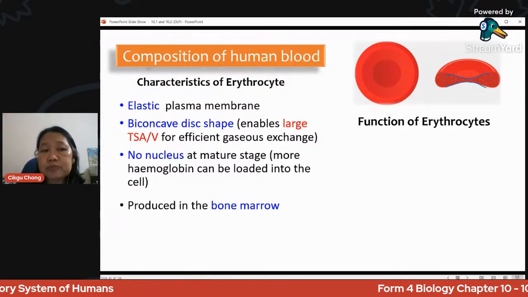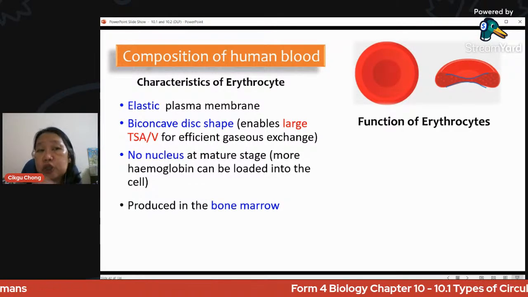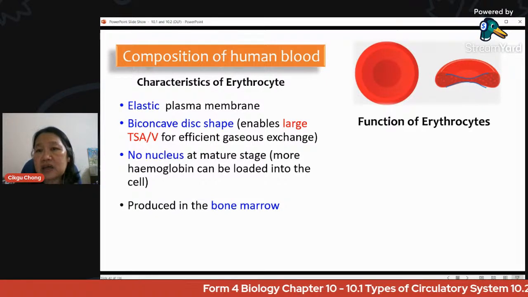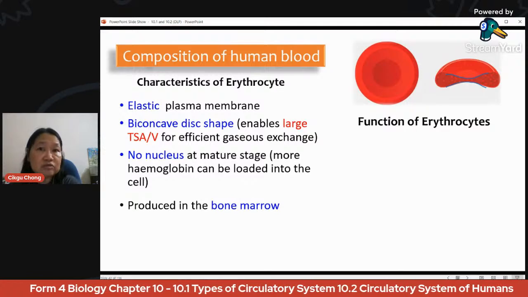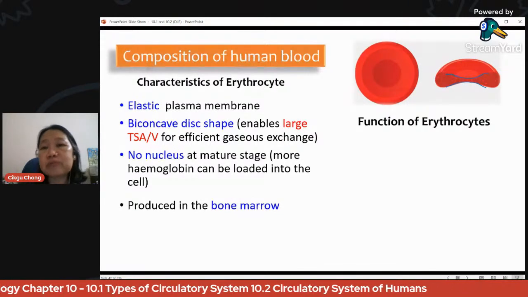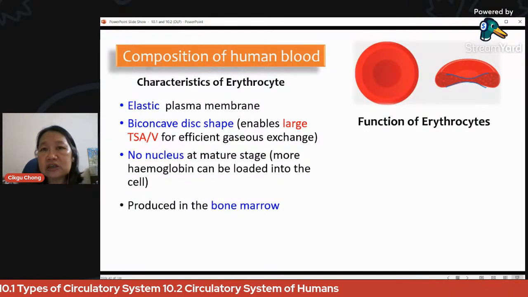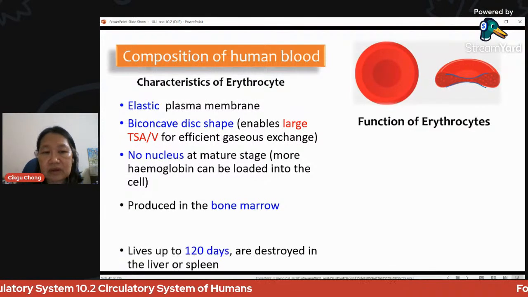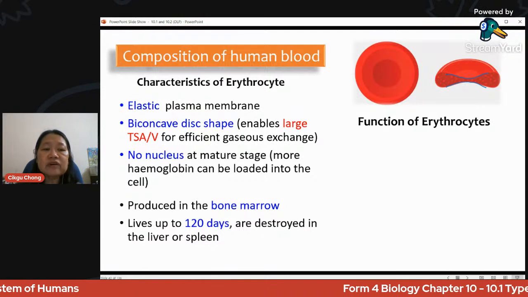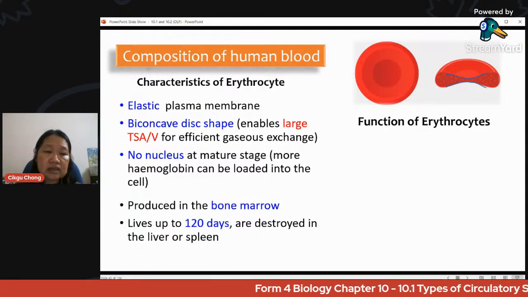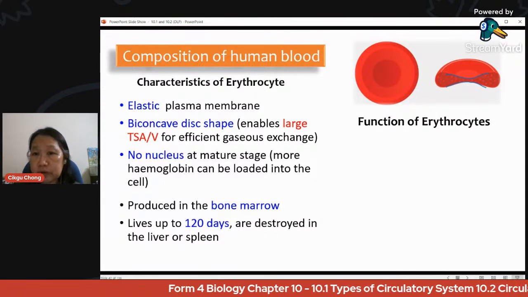So the bone marrow actually produces the new red blood cells. The new cells come from the bone marrow, so they do not need the nucleus to carry out cell division. And then it lives up to 120 days, and they are destroyed in the liver or the spleen after 120 days. And then you get new ones coming from the bone marrow.